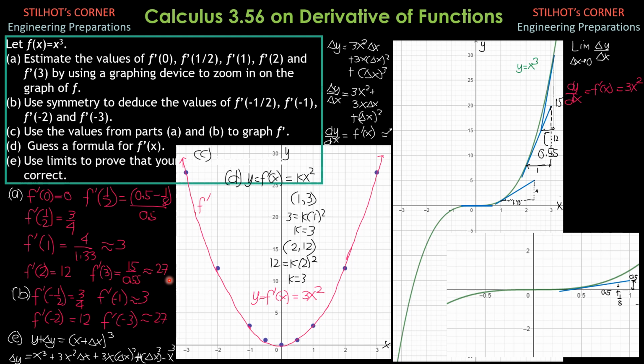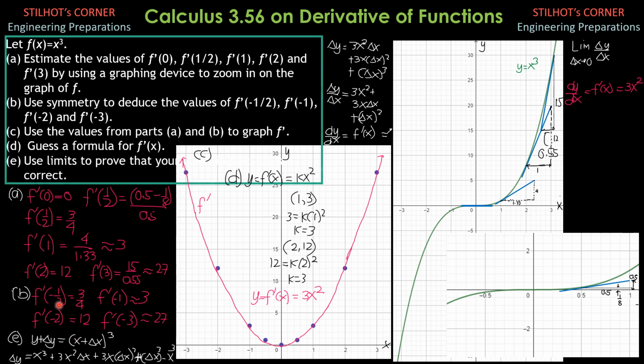Then, because these are interpreted as ordinates to the graph of f prime of x, which is this, and by symmetry, the slopes to the right would be the negative of the slopes to the corresponding points at the left. So that's why f prime of negative 1/2, which is here, is, f prime of 1/2 should be negative 3/4.